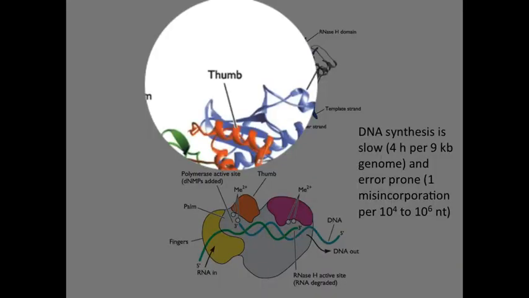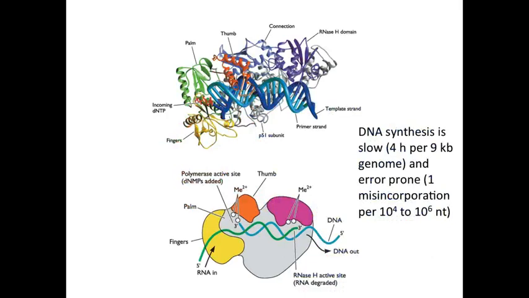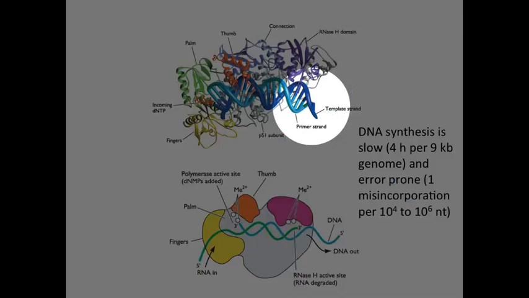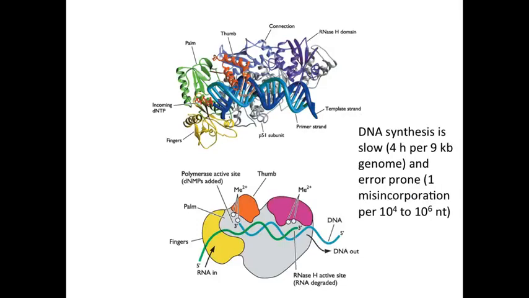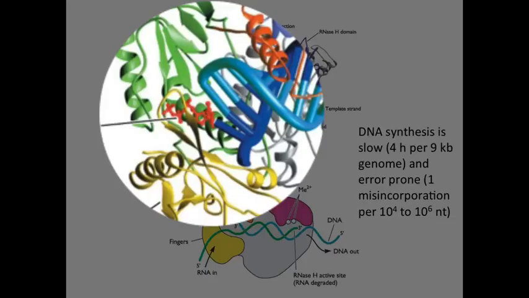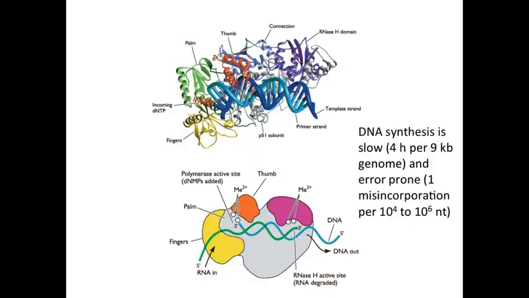So it, again, looks like a right hand, as do the other polymerases. In this structure, which was actually solved with a bit of primer template in it, you can see that the nucleic acid lays across the palm. Here's the active site here with an incoming deoxy-NTP. So we have a template strand, which is being copied, of course, and a primer strand here as well.